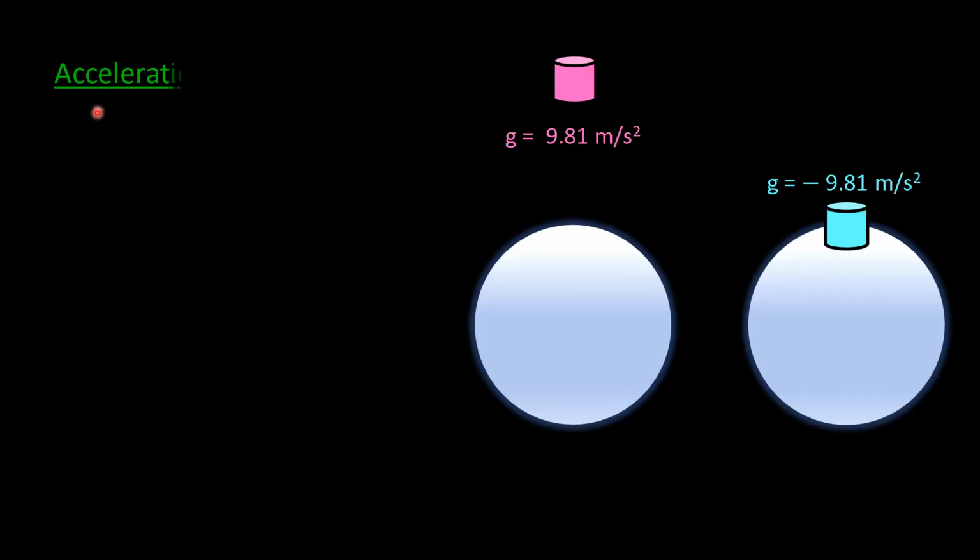What is acceleration due to gravity? It is the acceleration caused in a body due to the force of gravity. Example of acceleration due to gravity is free fall of a body.